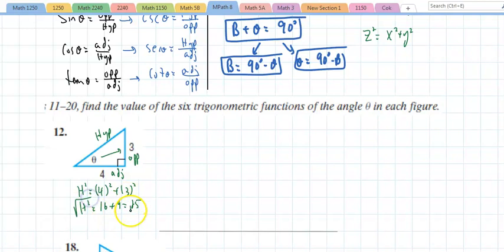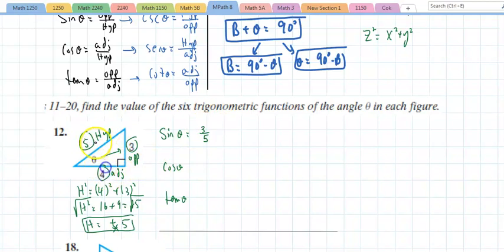And if I take the square root of both sides, I will get the hypotenuse to be plus or minus 5. In geometry, length cannot be negative, so I label this side as 5, and then I can find the six trigonometric functions, that is the sine of theta, cosine of theta, tan of theta. Sine is the opposite over the hypotenuse.